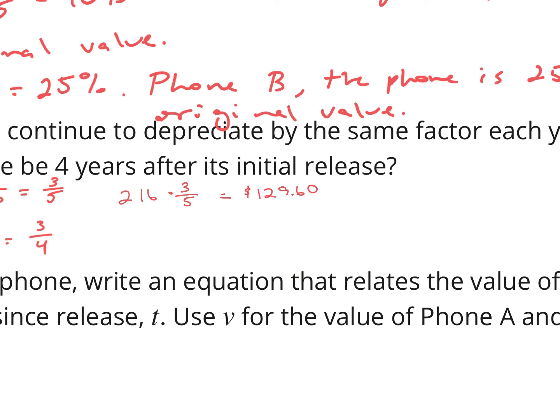Whereas for phone B, we're going to do 3/4 times $354.38, which is approximately $265.79. So again, you need to make sure you're using the correct growth factor, because you want the one that tells how much value is staying with the phone, not how much it's losing.